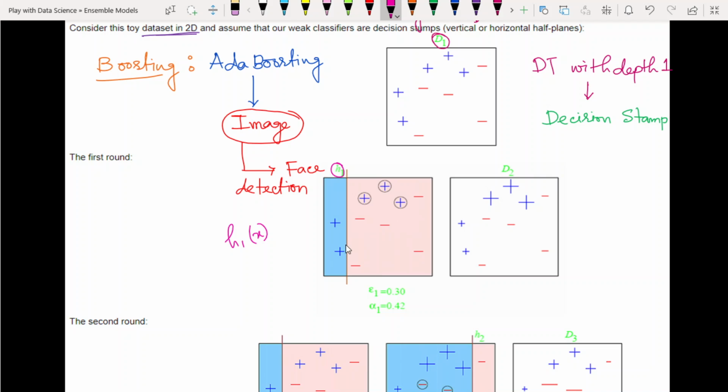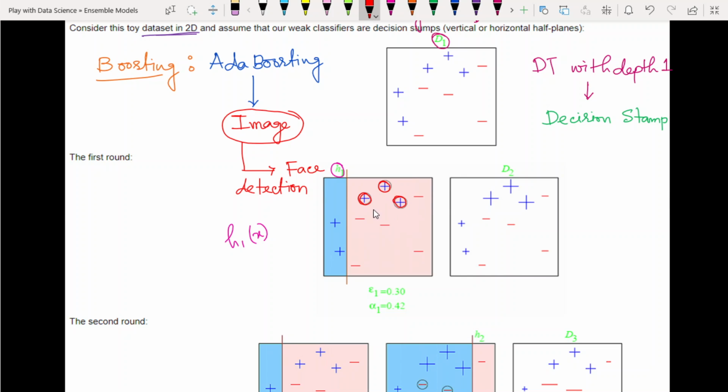Using the data set D1, we have built the model H1. In H1 we have seen that there are 3 misclassified points.